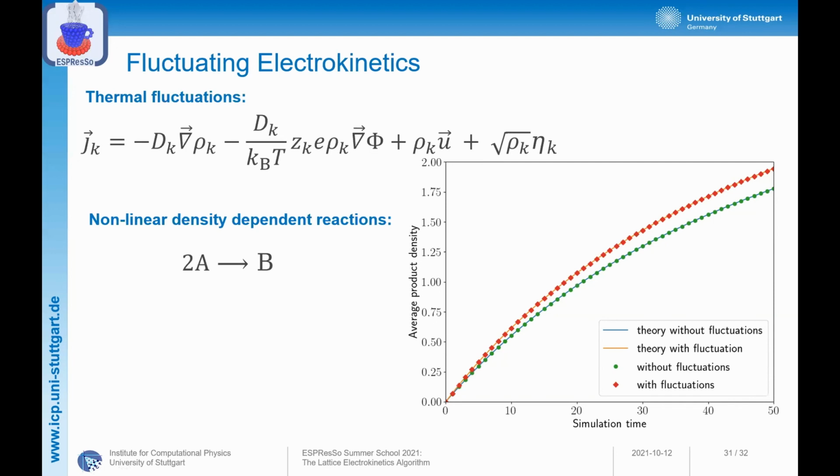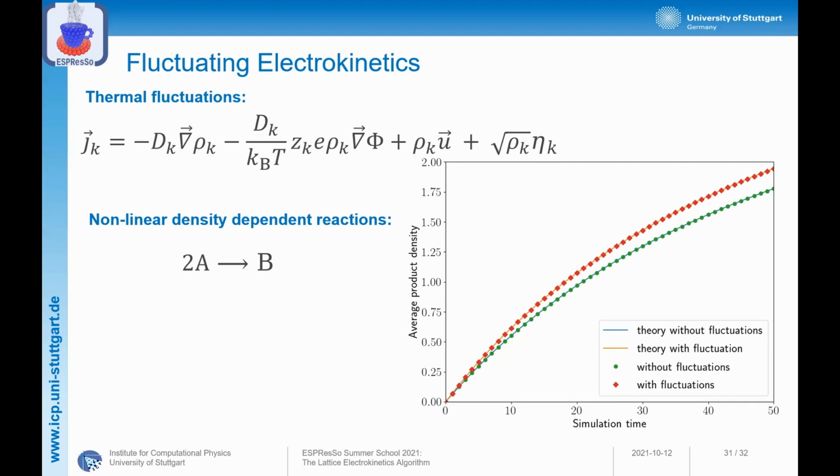And systems where those fluctuations can be useful are, for example, systems that are in a semi-stable state, where small inconsistencies can lead to a whole new result.